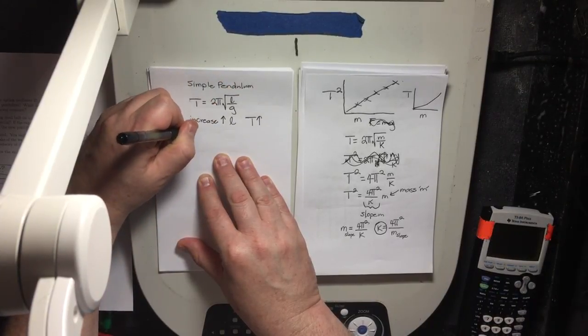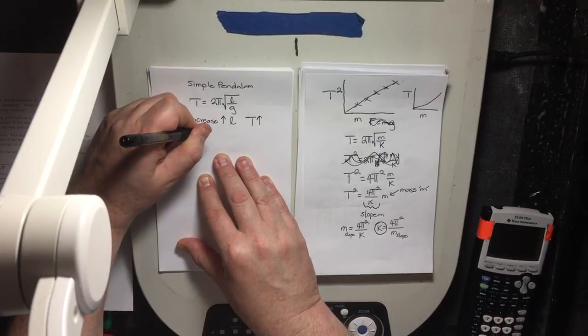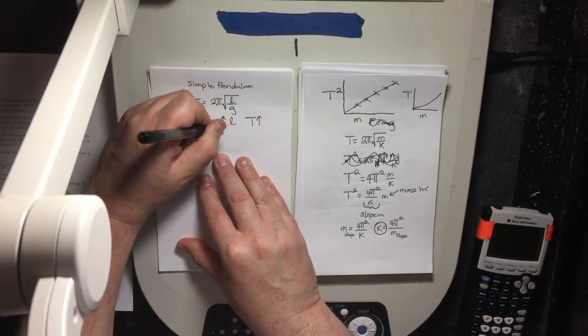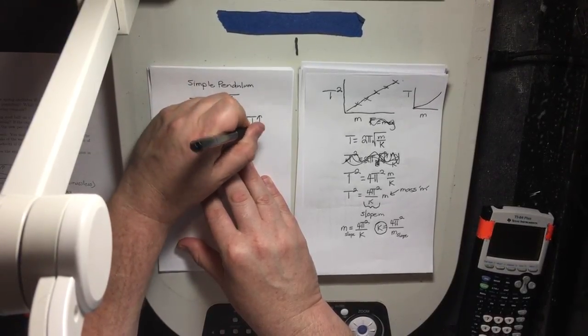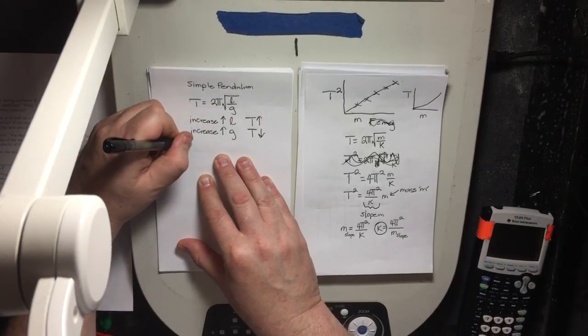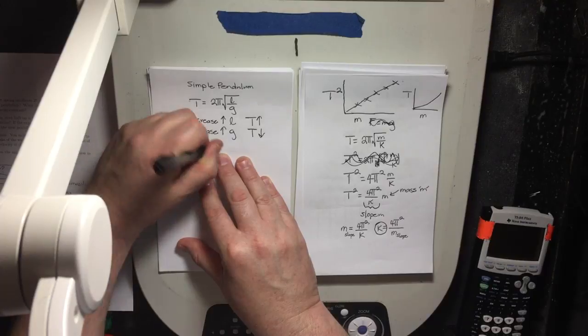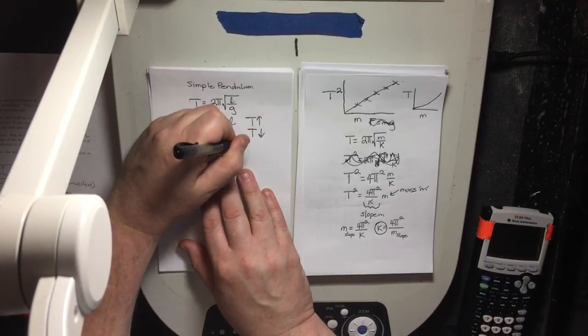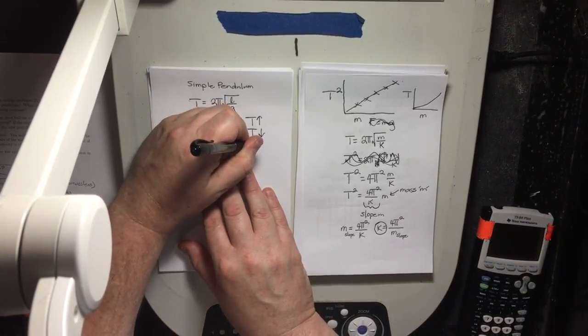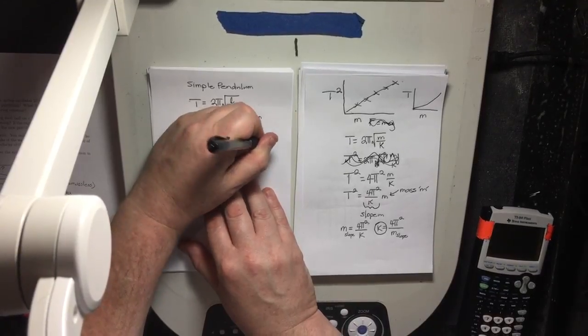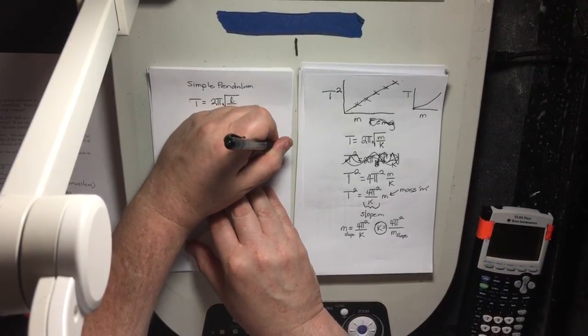If I increase G, period decreases. If I increase M, period doesn't change.